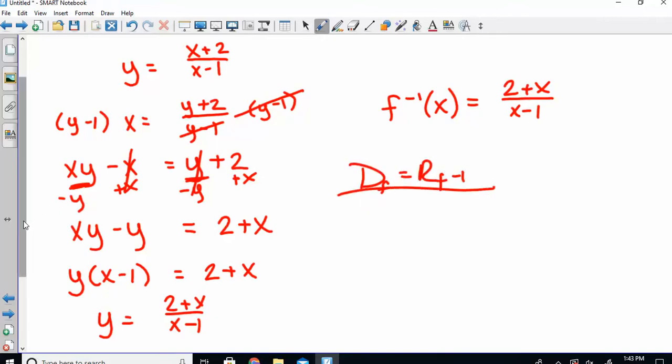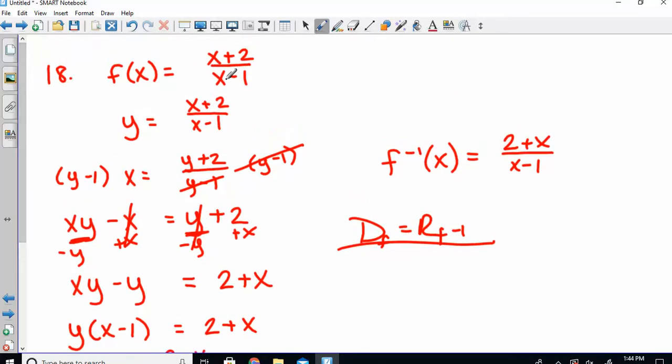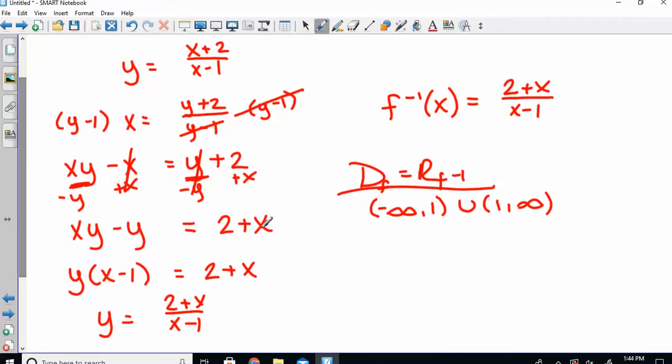So domain of the function and range of the inverse. If I look at my original, the denominator can't be 0, so x can't be negative 1. Negative infinity to 1. Oh, and one, right. I got it right.